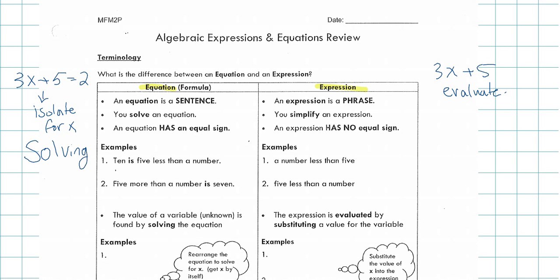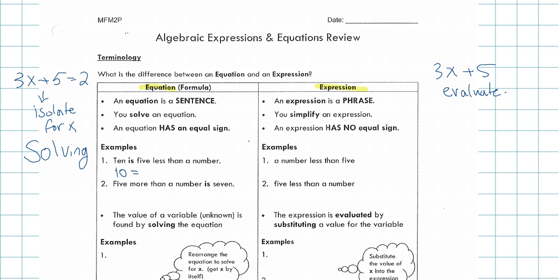Okay, but let's write it, if I want to take this exactly: 10 is. How can I translate is into math? Equals. The word is means equal. So 10 is, so 10 equals.